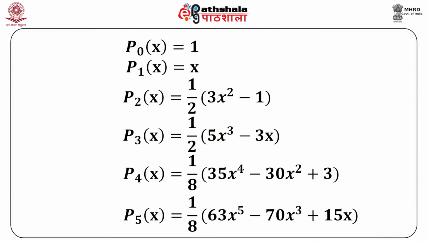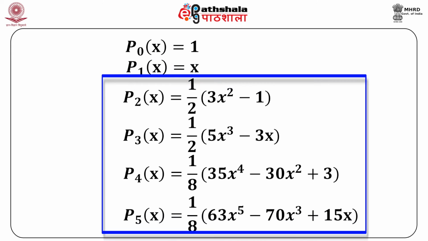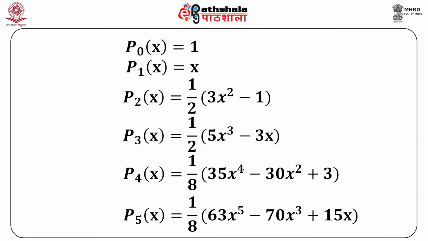Here you can see we have given a table where for different values of L we have the values of P_L(x). For example, P_0(x) is 1, P_1(x) is x, and so on. These will be used later while finding the solution for various values of L and m.